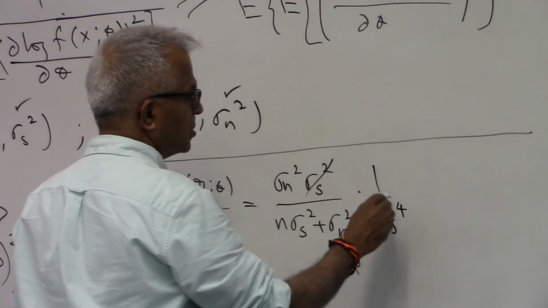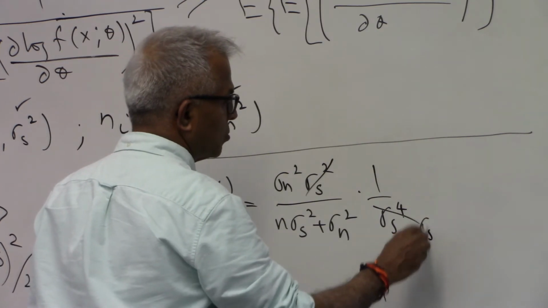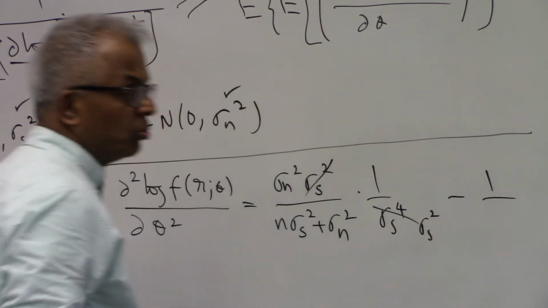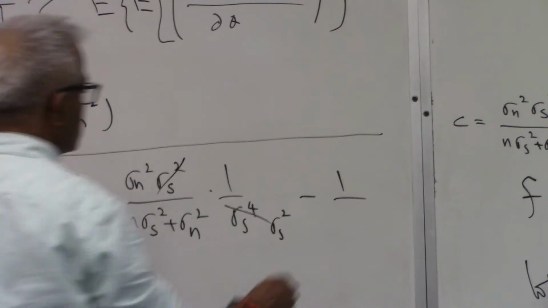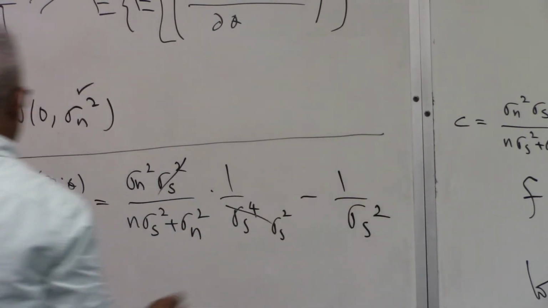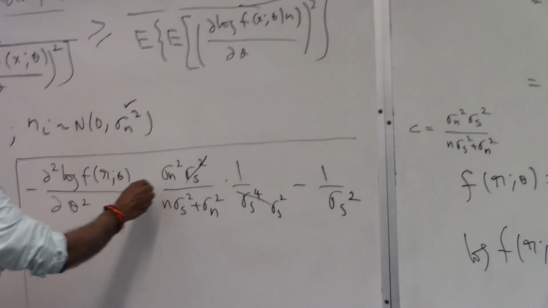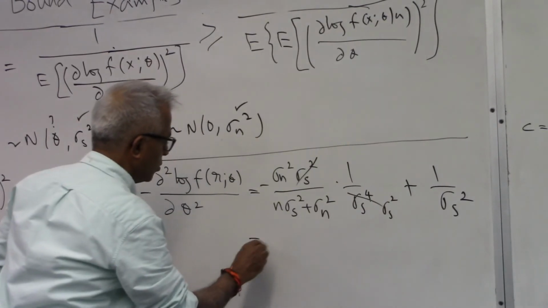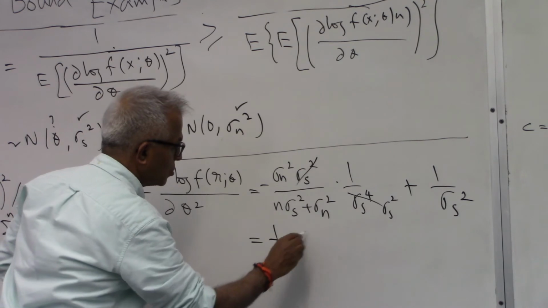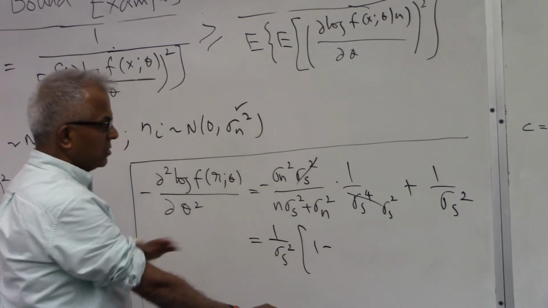So this cancels with this and you get sigma s squared here minus 1 over sigma s squared. And because we want the negative one, I'm going to do negative here, minus here, plus. So this is going to be 1 over sigma s squared, 1 minus this quantity.